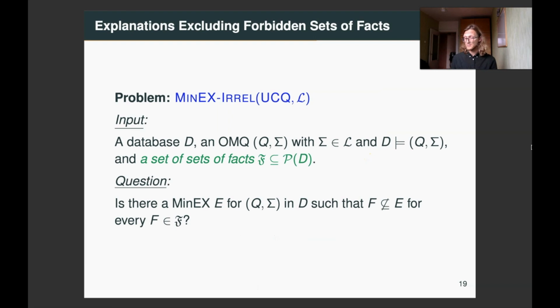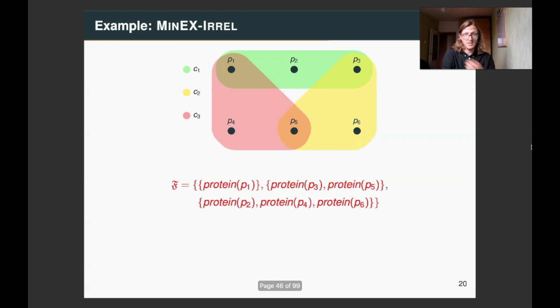Another problem, counterpart of the previous one, is asking, given some subsets of facts that we want to avoid, we forbid, right? Is there a minimal explanation that avoids all of these forbidden sets of facts? Okay? And on our example, suppose we forbid these subsets, right?